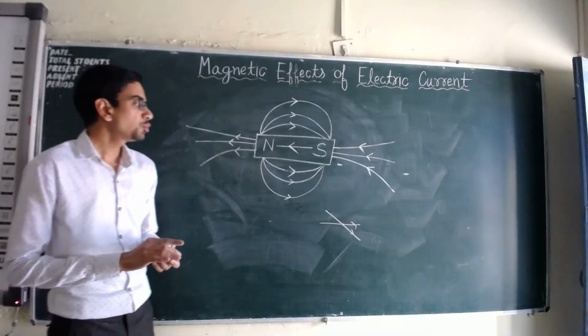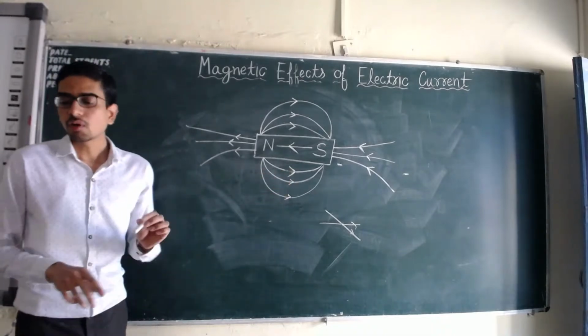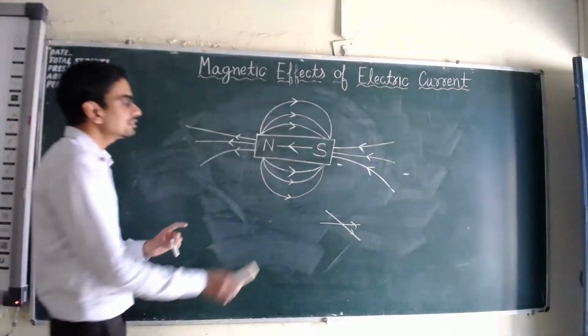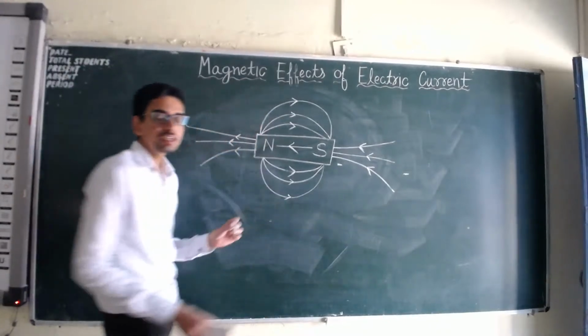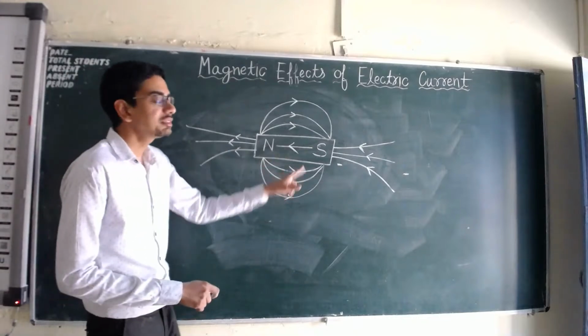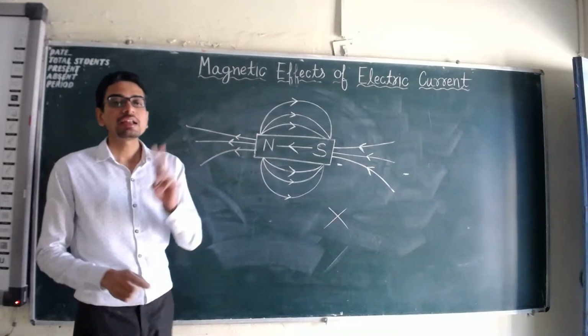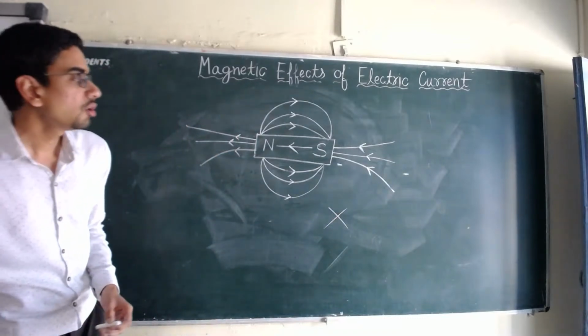Okay, so that's why magnetic field lines never intersect each other. Always remember that field lines never cut each other or intersect each other. कभी भी एक दूसरे को कट नहीं करेंगे, इंटरसेक्ट नहीं करेंगे, क्योंकि अगर कट कर लिया तो इंटरसेक्शन पॉइंट पर दो डायरेक्शन हो जाएंगे, so which is not possible.